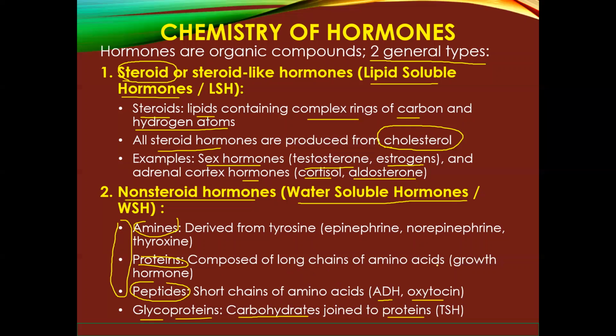The protein hormones, for example, growth hormone. The amino acid hormones or amines, for example epinephrine, norepinephrine, thyroxine. An example of glycoproteins is TSH, thyroid stimulating hormone.